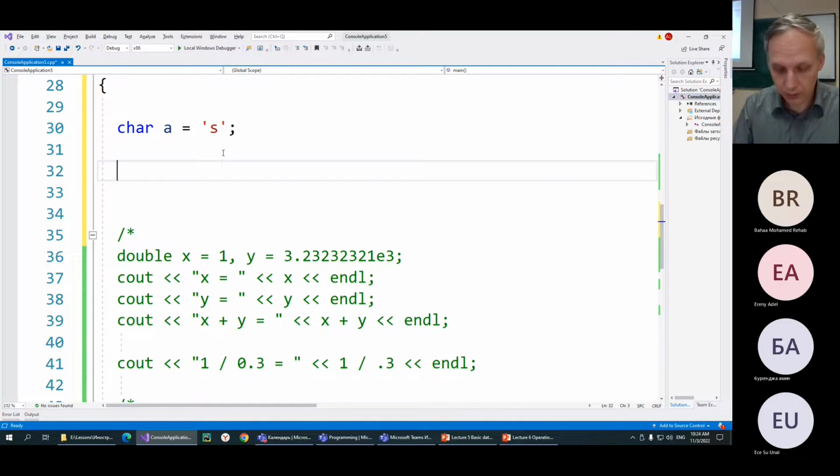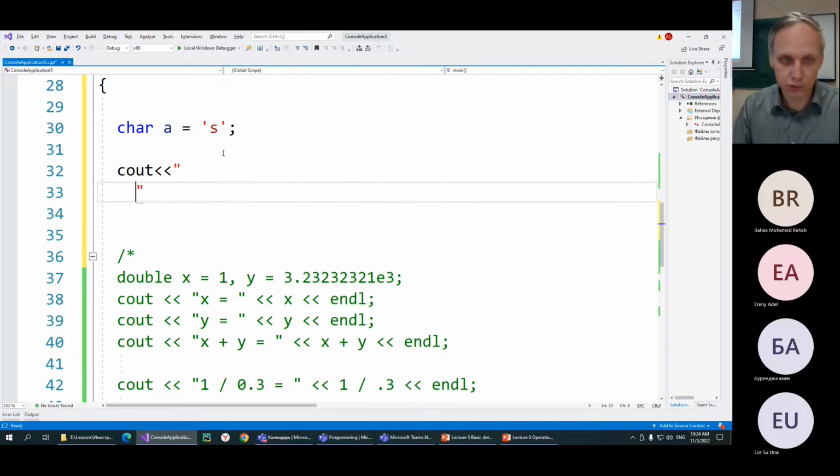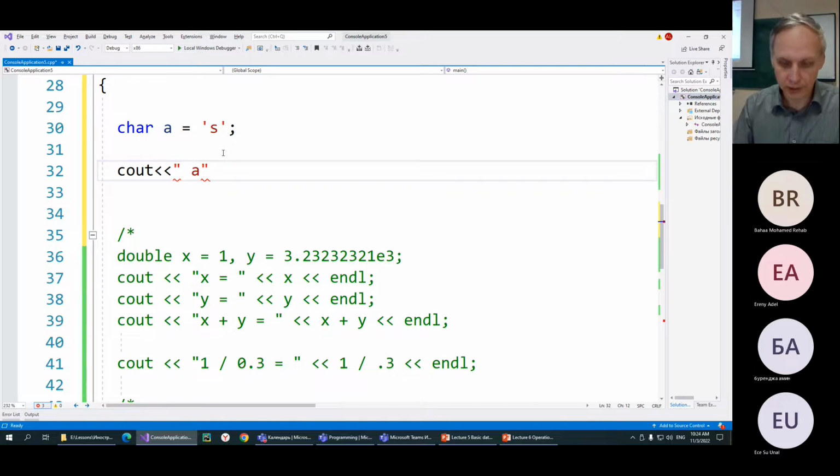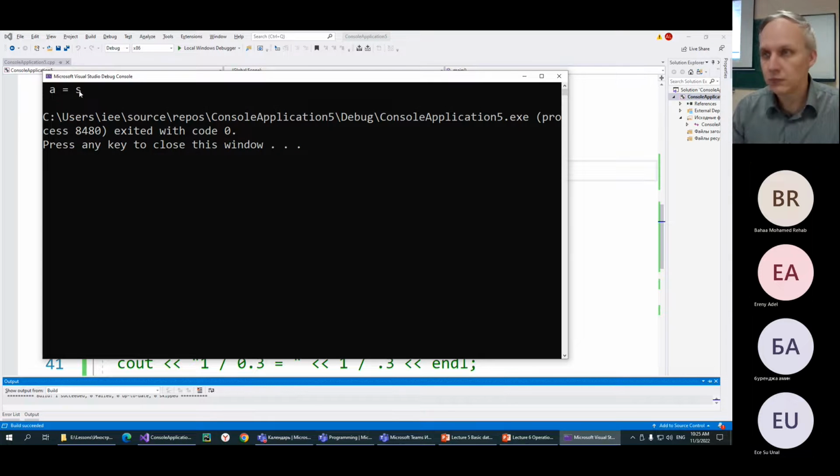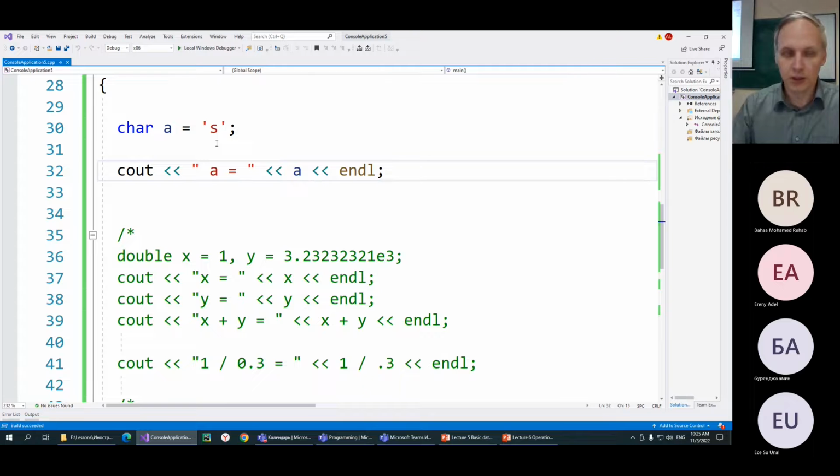Let's check it. cout a. We will see s on the screen. But I also told you that each symbol has a code. And this code is just an integer number.